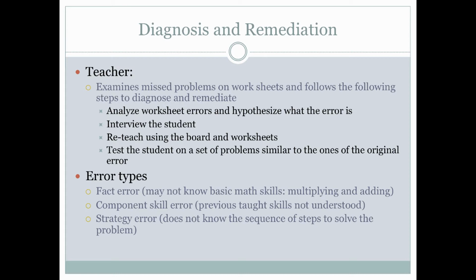So there are different types of errors that Stein talked a lot about. One is a fact error. It's amazing how many kids make mistakes in multi-step problems, or word problems, or higher order thinking problems, because they don't know their basic facts. Because we didn't spend enough time for them to be fluent on their basic facts.